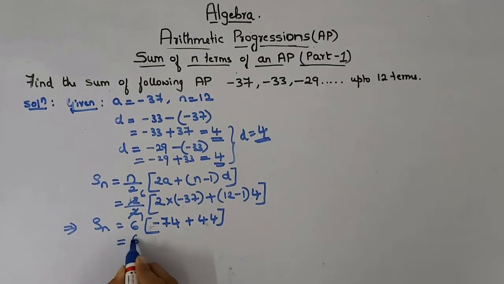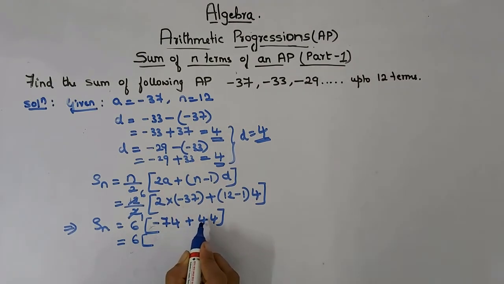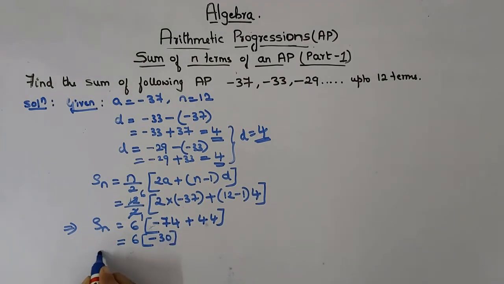Which is equal to 6 into minus 74 plus 44, which gives you minus 30. So your Sn is 6 into minus 30, which gives you minus 180. So your sum of the given AP is minus 180.